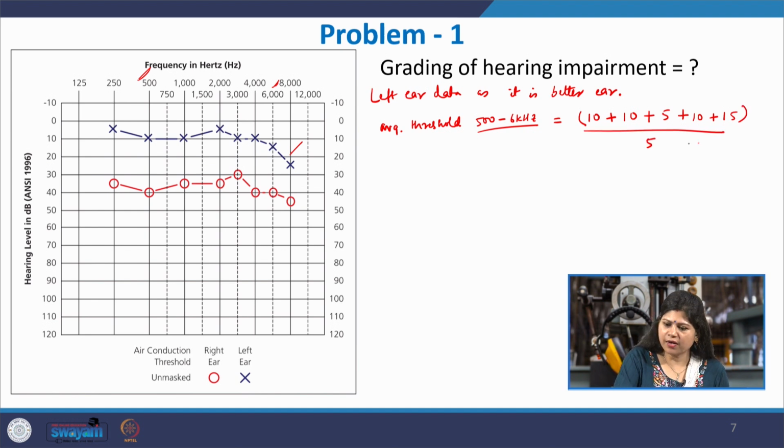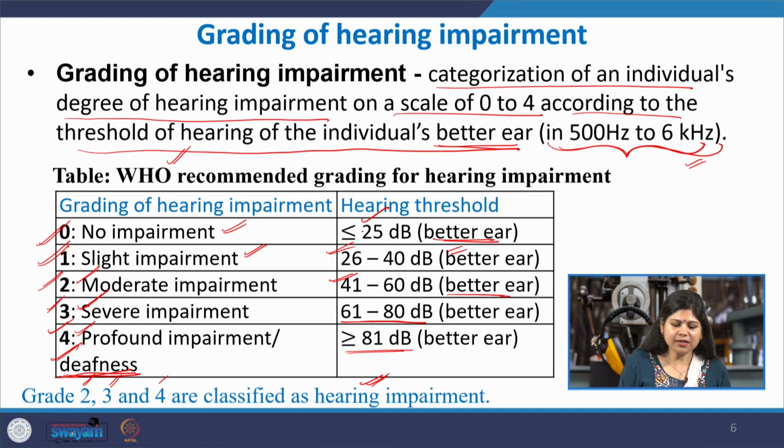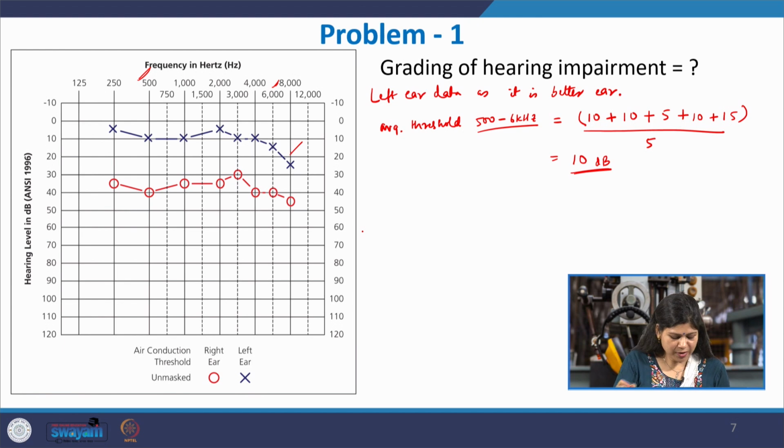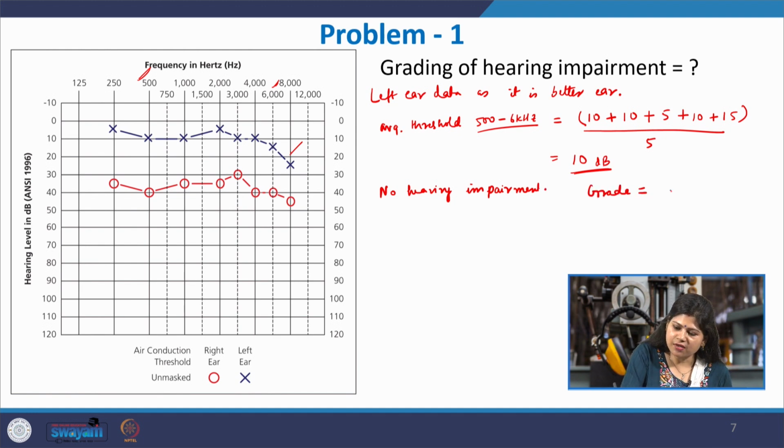By 5, if you do this, what you find is 30 plus 20, 50 by 5, 10 dB becomes your average. So, if you look at this table, it is less than or equal to 25 dB. So, that means that no hearing impairment is the diagnosis. So, the grade that you give is 0, that becomes your answer, 0 grade, which means no hearing impairment.